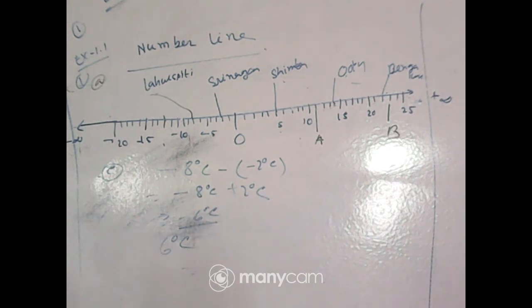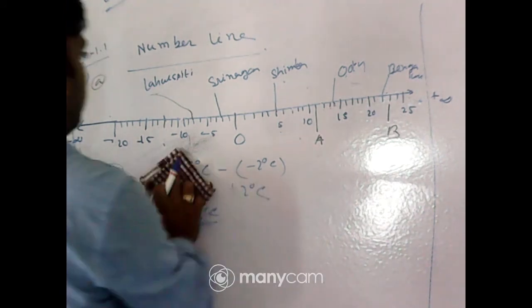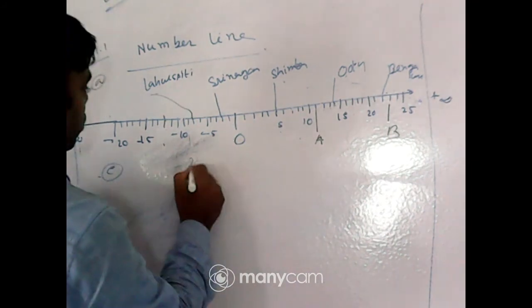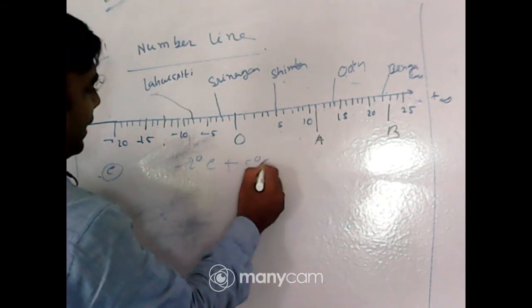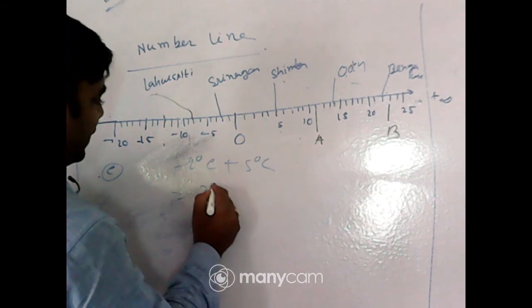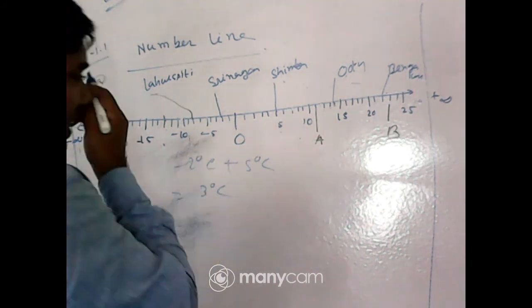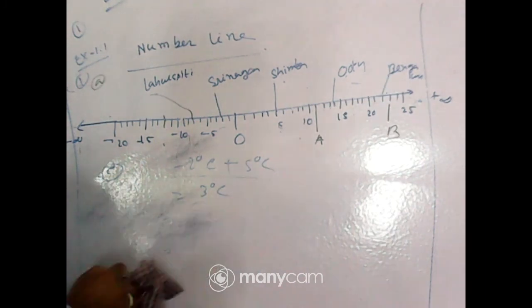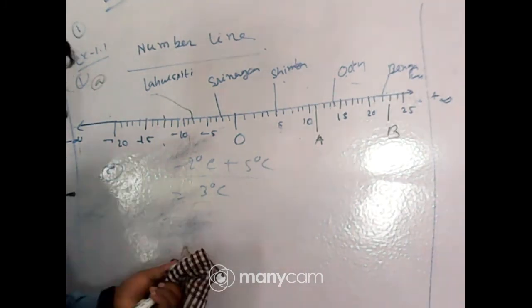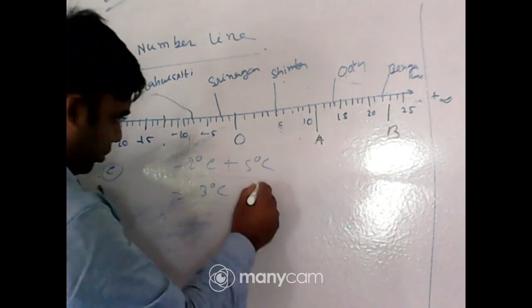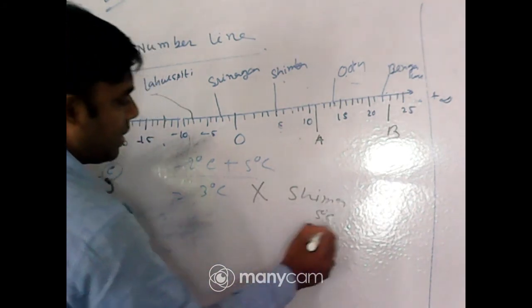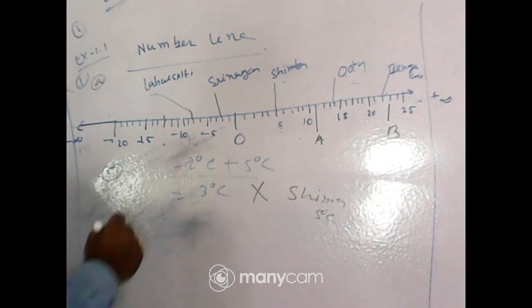First of all, the sum of the temperatures of Srinagar and Simla: minus 2 degrees Celsius plus 5 degrees Celsius, that is 3 degrees Celsius. Srinagar is minus 2 and Simla is 5, so the sum is 3 degrees Celsius. It is not less than Simla, because Simla is 5 degrees Celsius. So the answer is no.